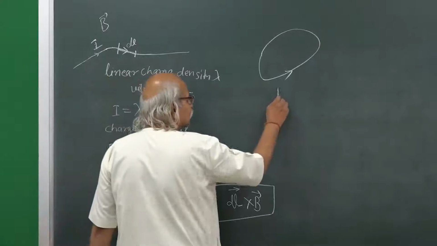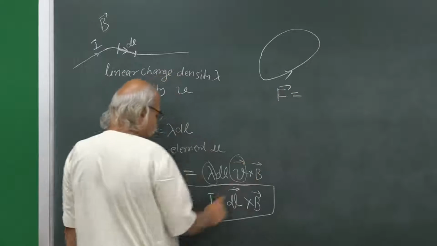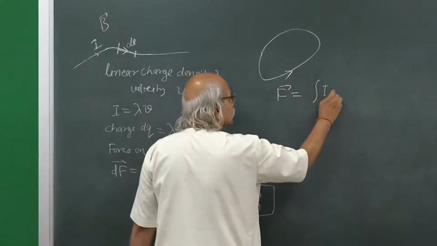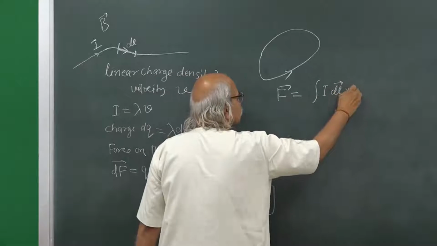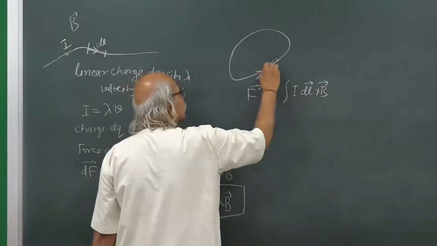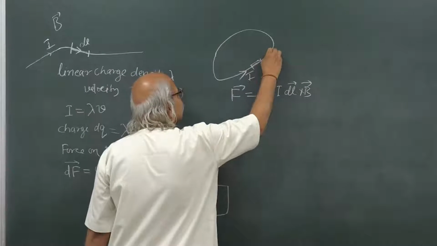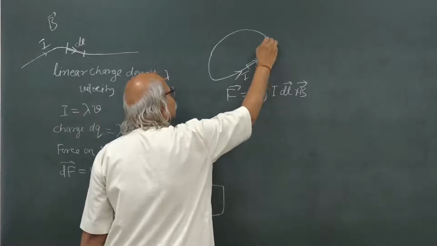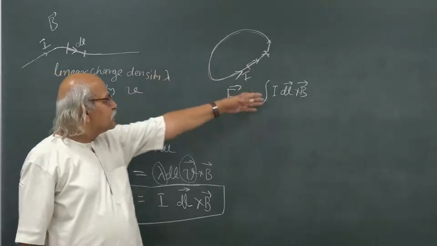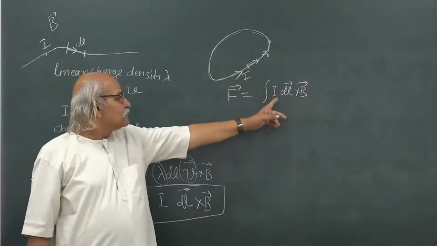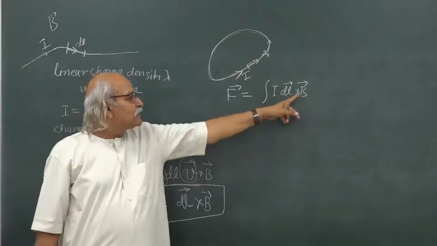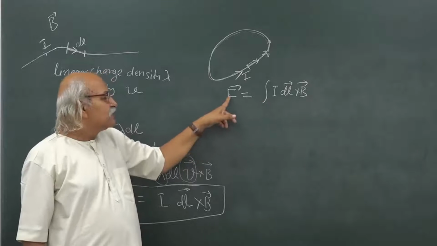So, F is equal to the integration of I dl cross B. A current I is going here, we take dl here, then dl here, and so on. For the entire circuit we will divide it into dl, and for every dl we will calculate I dl cross B, and this whole thing summed up, integrated, will give you F.